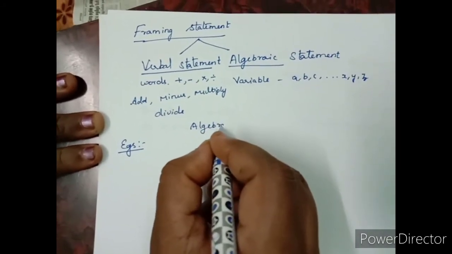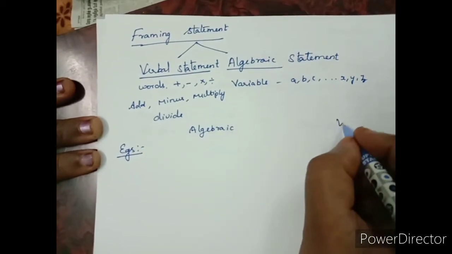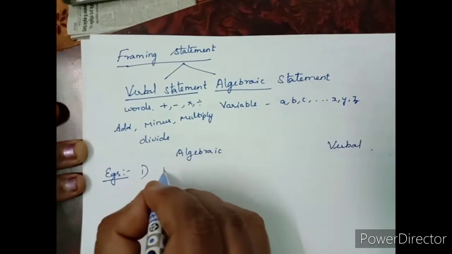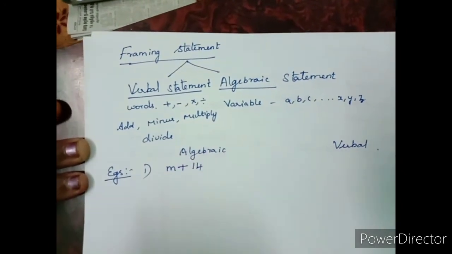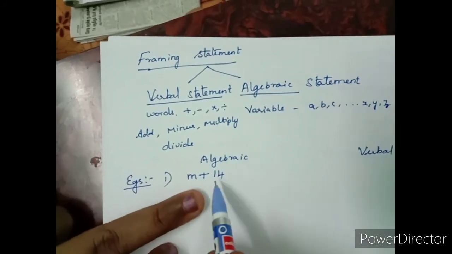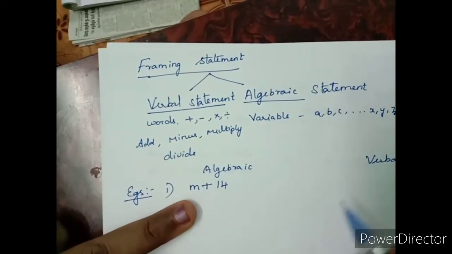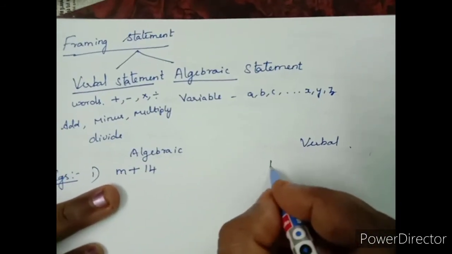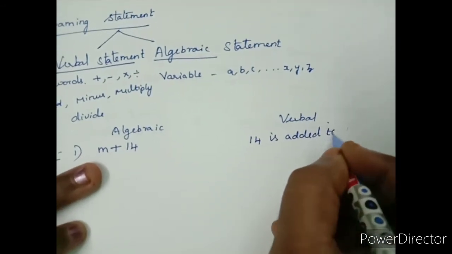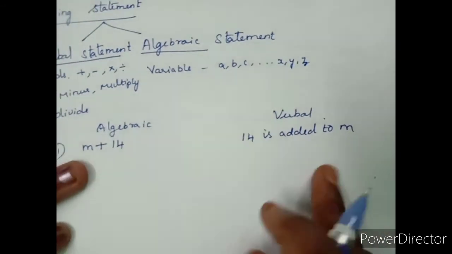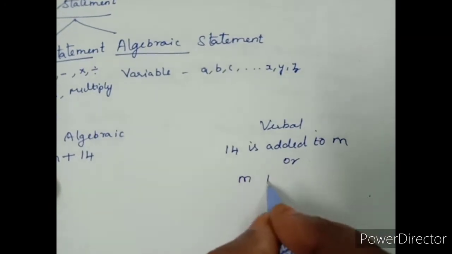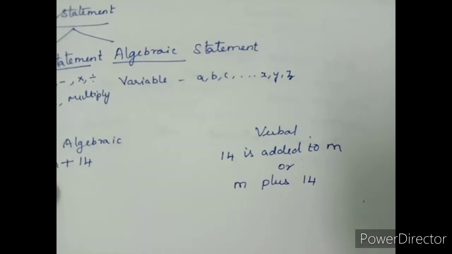So, we'll see some of the examples now. First, we'll go with converting algebraic into verbal. See the first example, m plus 14. So what is done here? M plus 14. So 14 is added to m. So we can write as 14 is added to m. Or you can write it in a simpler way as m plus 14.